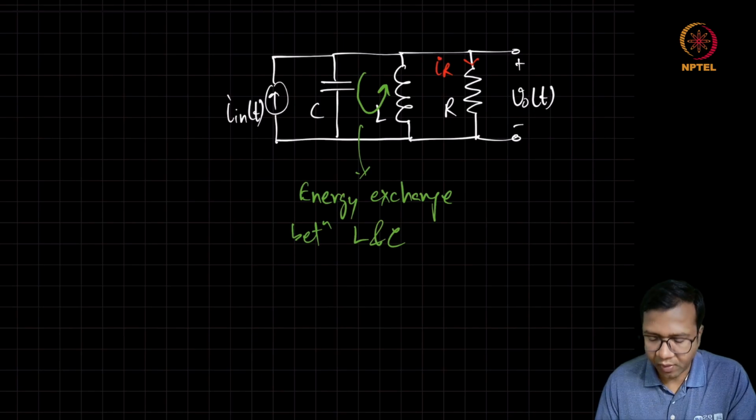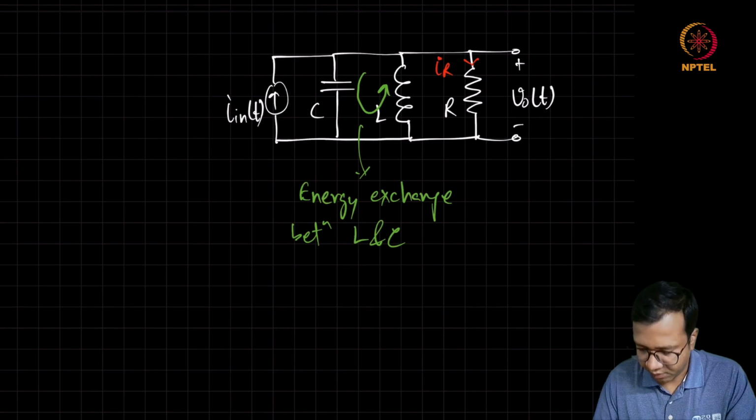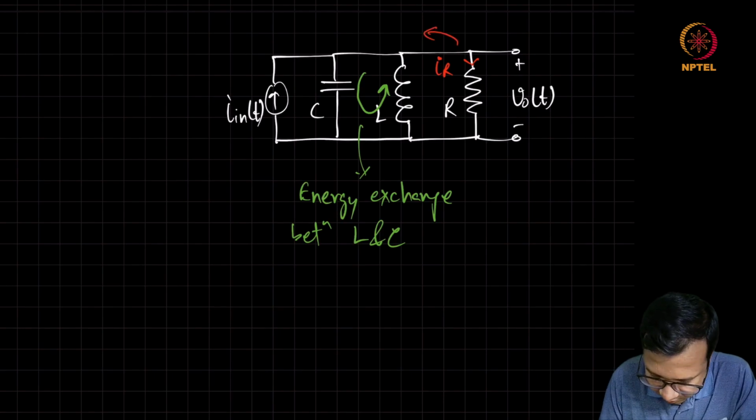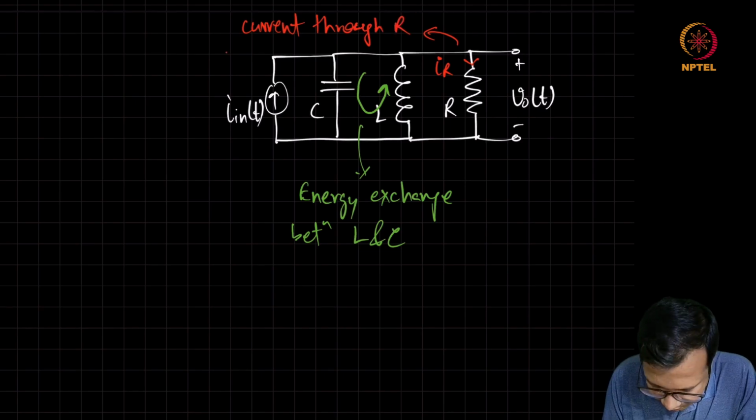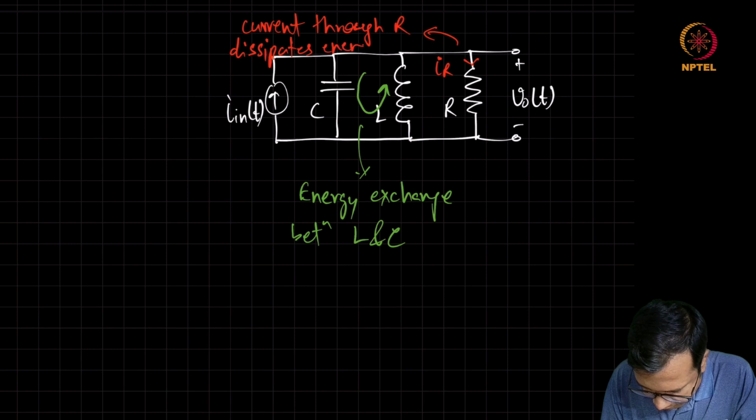So over time, the stored energy in the system is going to become 0. Current through R dissipates energy over time.